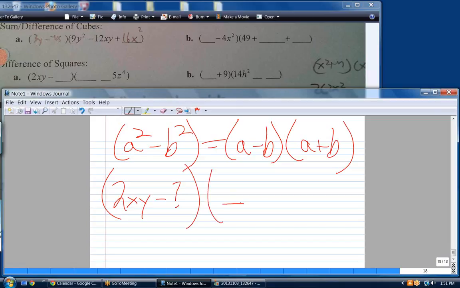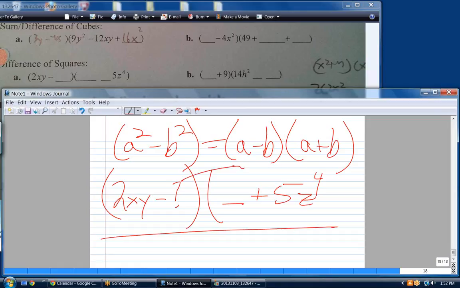And this is the a plus b. So what is a? A is 4xy squared. No. In other words, this is already factored here.